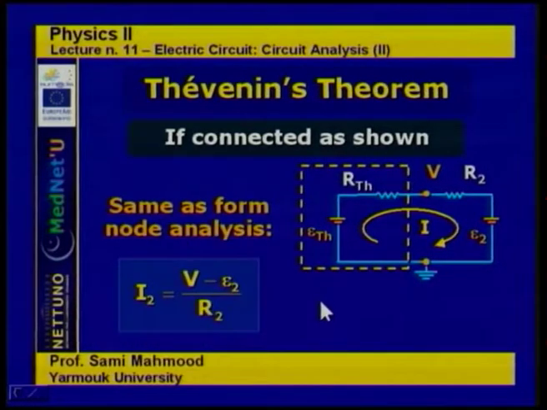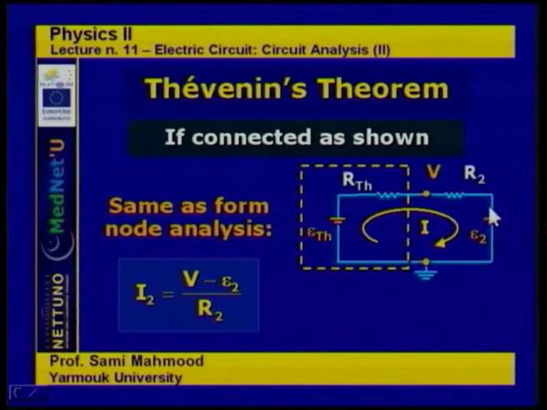And this result, the current obtained by the application of Thevenin's theorem, is exactly the same result that we obtain from the node analysis. We recall the V that we obtained from the node analysis previously, and we recall that I2, the current through R2, is simply V minus epsilon 2 over R2.